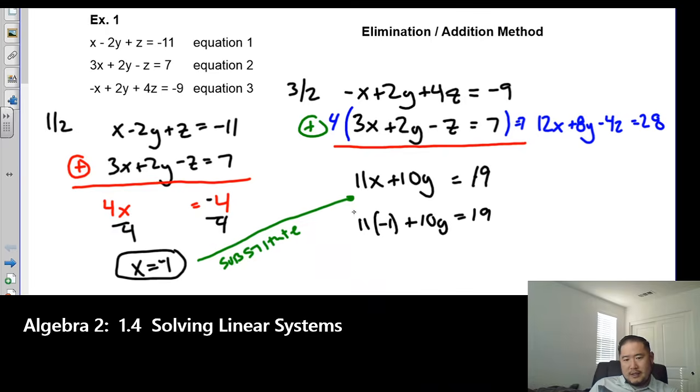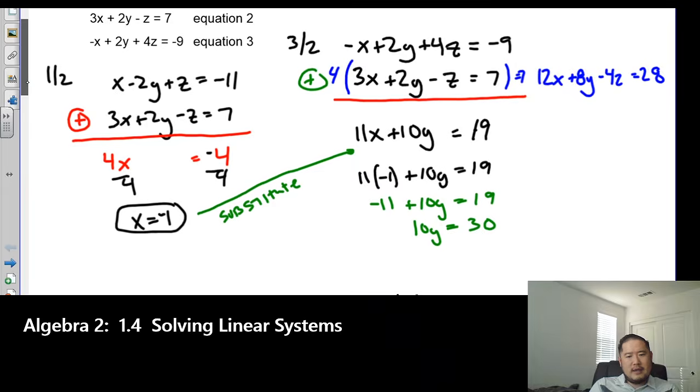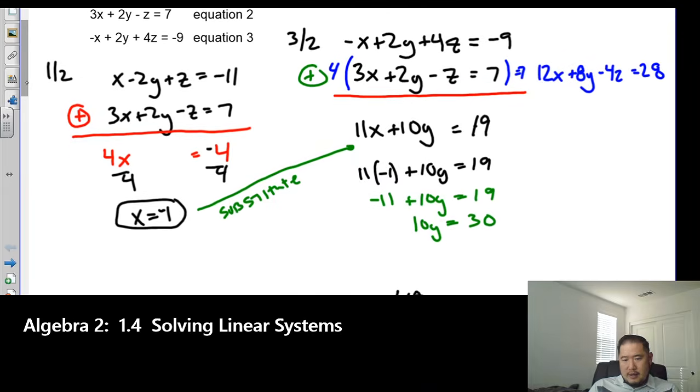Let's simplify this: negative 11 plus 10y is equal to 19. We're going to add 11 to both sides so that we can get y by itself. 10y is equal to 30. Divide both sides by 10, and y is equal to 3.